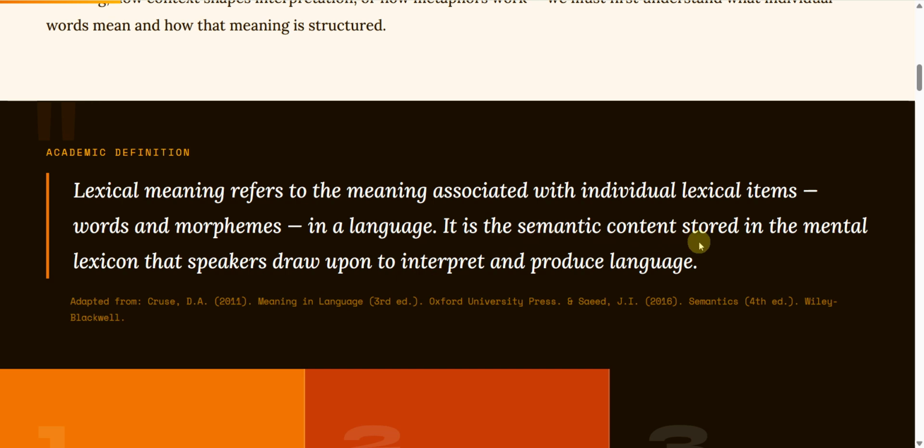It is the semantic content stored in the mental lexicon that speakers draw upon to interpret and produce language. So lexical meaning is stored in our mind in the shape of the lexicon. The words and morphemes are in it, and we use them to shape sentences and structures.